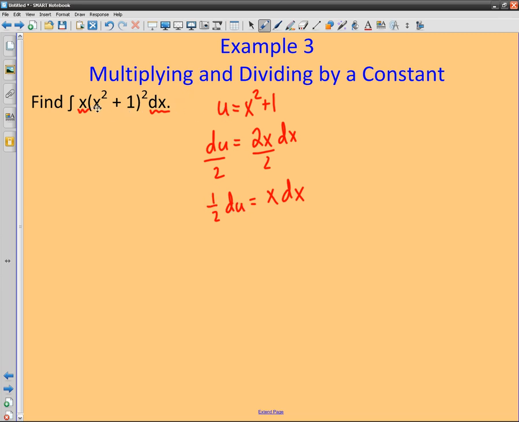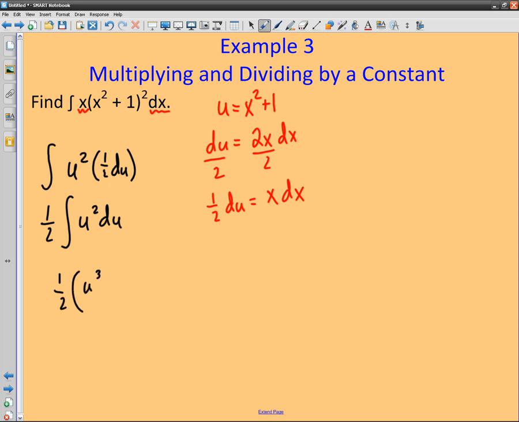and I can replace my x squared plus 1 with u. So I'm going to integrate this and say, well, I have u squared, and it's times 1/2 du. Well, this 1/2 is a constant multiple, so I can move that out front. And so then I really have u squared du. And now if I integrate u squared with respect to u, I'm going to get 1/2 times u cubed divided by 3, and then add on my constant.